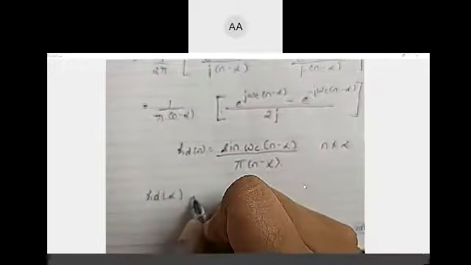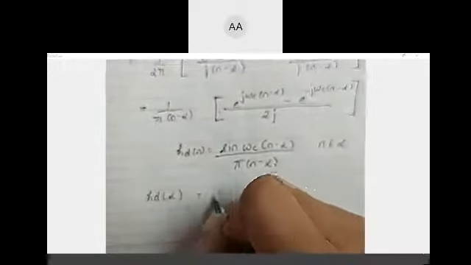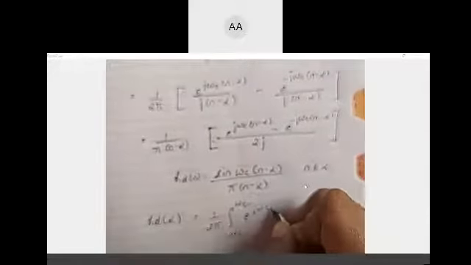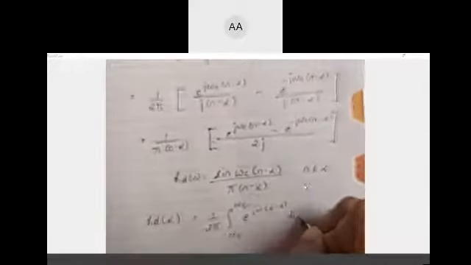So if you need hd of alpha, this is nothing but 1 by 2 pi times the integral from minus omega c to plus omega c, where you substitute n is equal to alpha. So this becomes e power j omega (alpha minus alpha) d omega.